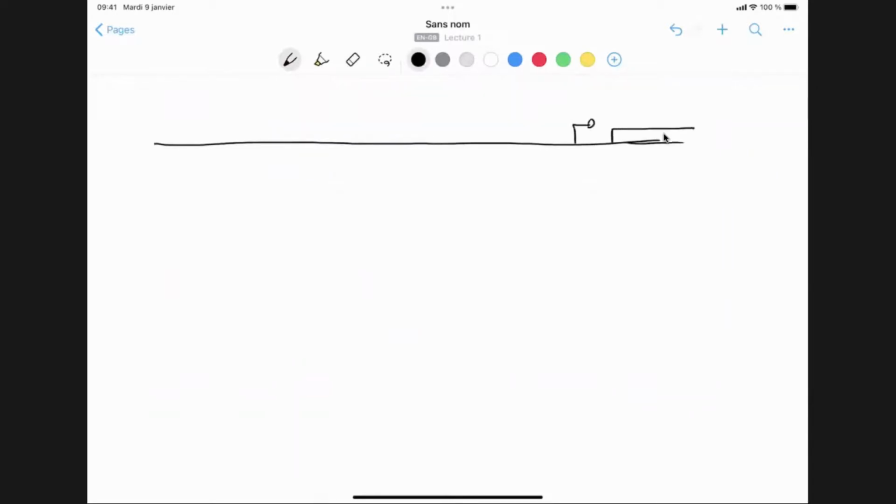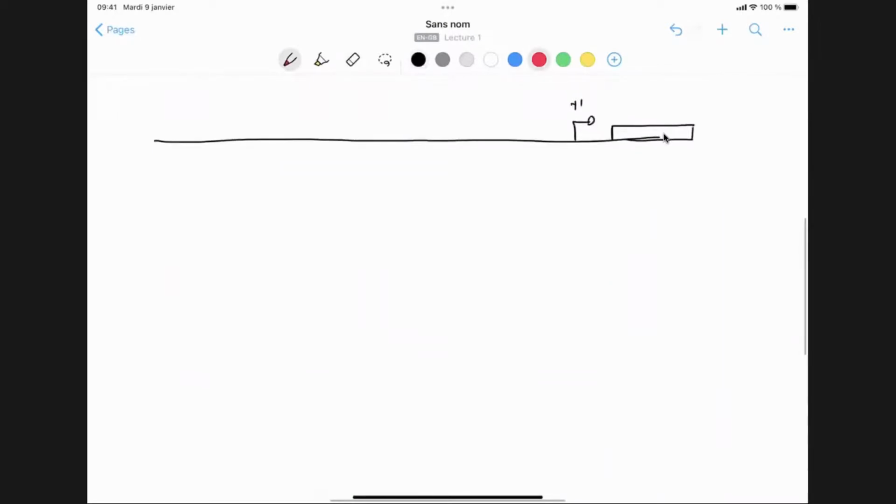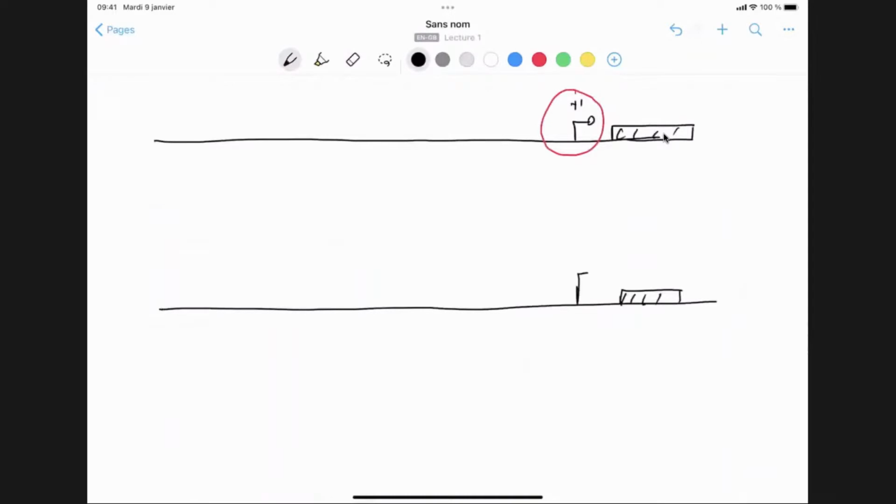One gene, so I try to draw it to scale. Well, okay, this in red will be the peak. The second artificial gene is exactly the same. The peak is exactly at the same place.